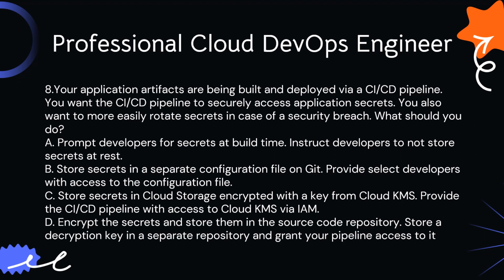Provide the CI/CD pipeline with access to Cloud KMS via IAM. D. Encrypt the secrets and store them in the source code repository. Store a decryption key in a separate repository and grant your pipeline access to it.